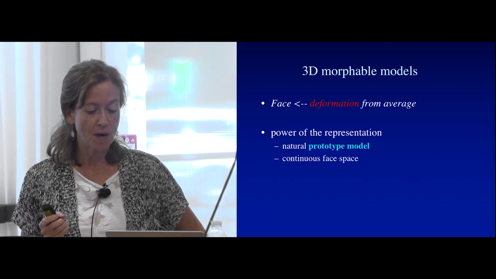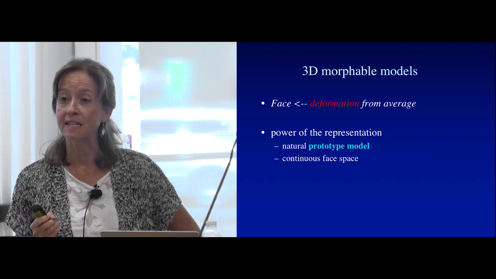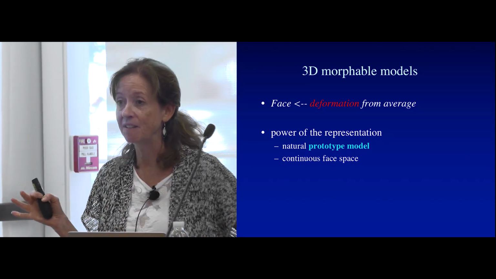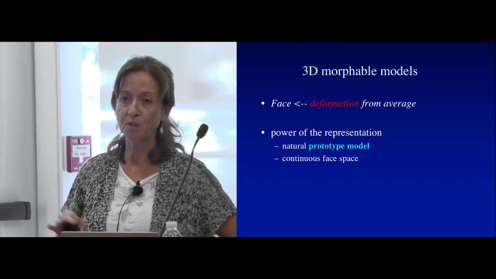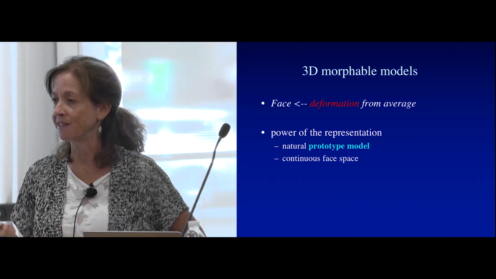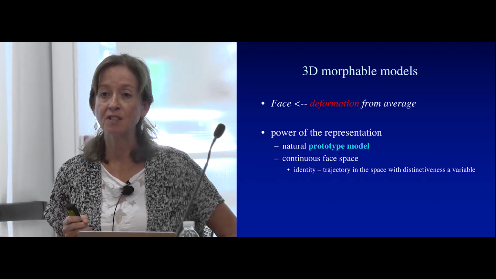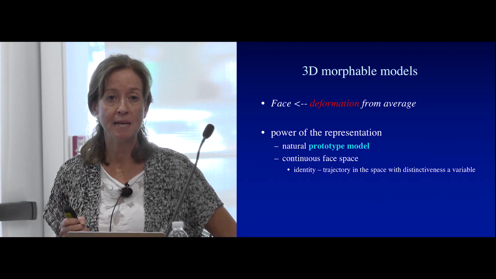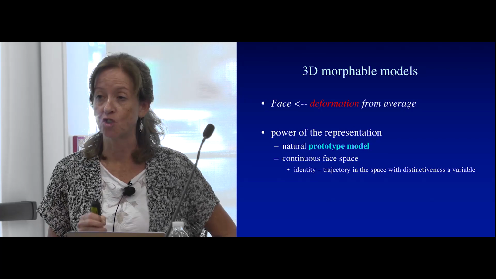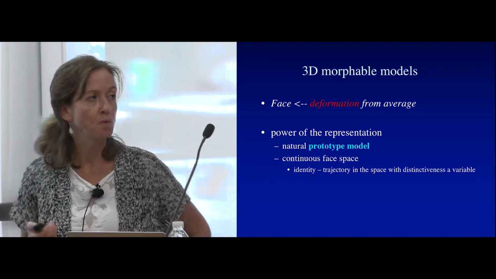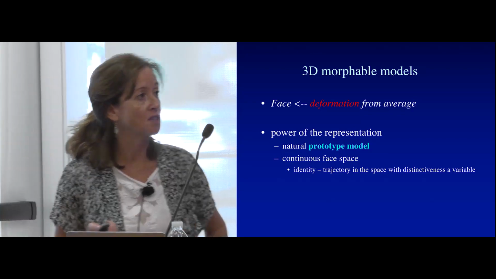And also, it gives us a continuous face space, so you can morph completely through this space and never leave the space, never end up with double chins and double necks and things of that sort. And also, it gave us a way to find identity in the space, in that identity is just a trajectory through the space from the average out to progressively more distinctive versions of faces.